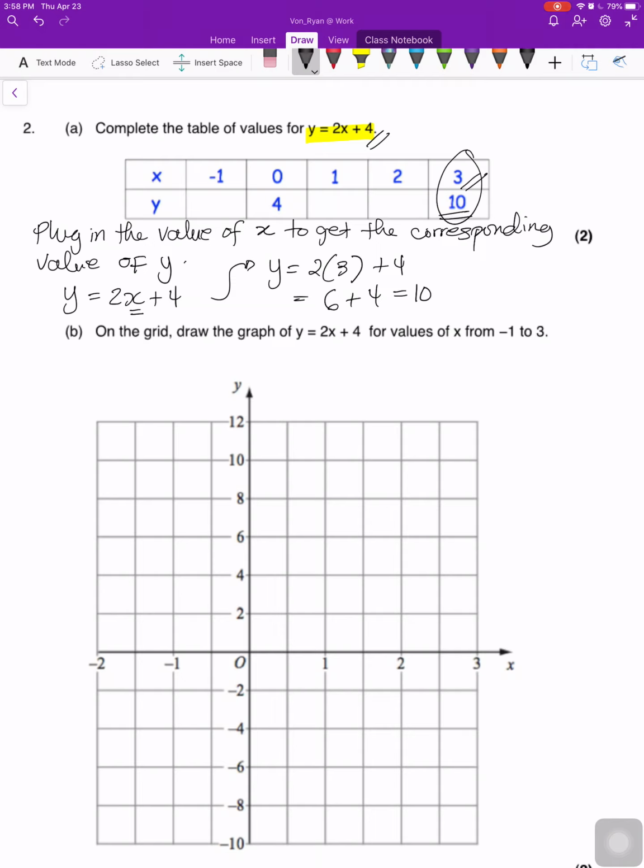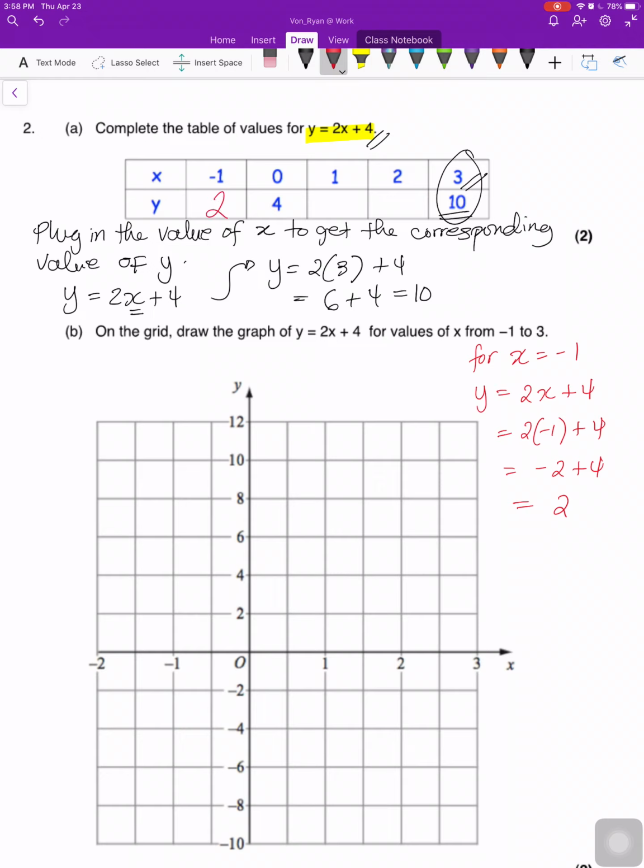Now, this is the same procedure that you will follow to solve for the other missing values of y. So let me write it here. For x equals -1, the equation is y equals 2x plus 4. So if x is -1, this is going to be 2 times -1 plus 4. So it's -2 plus 4. It's +2. Okay.